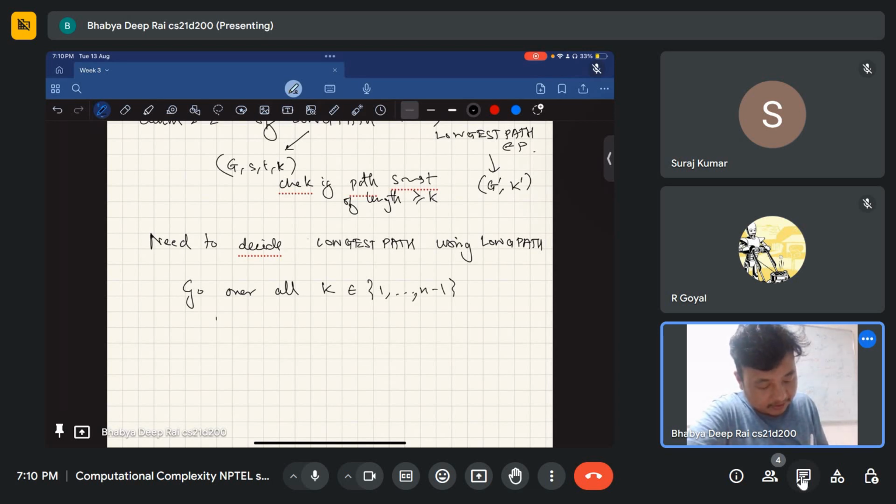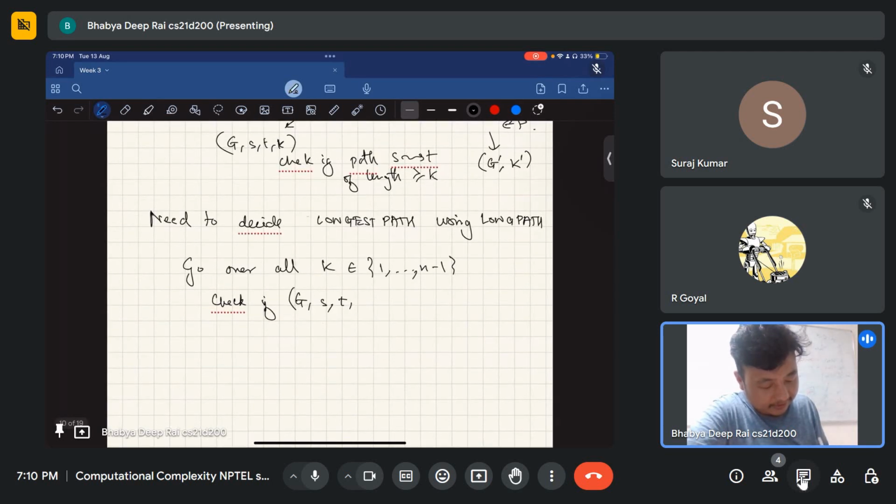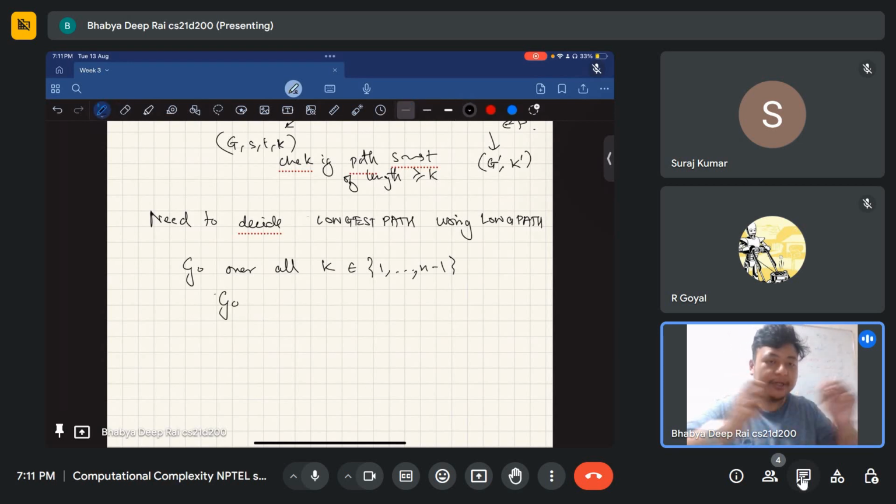and check if GST, not even GST, go over all S, T, because that longest path could be between any vertices. Go over all S, T in the vertices.